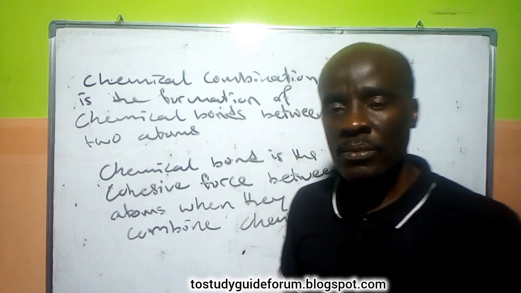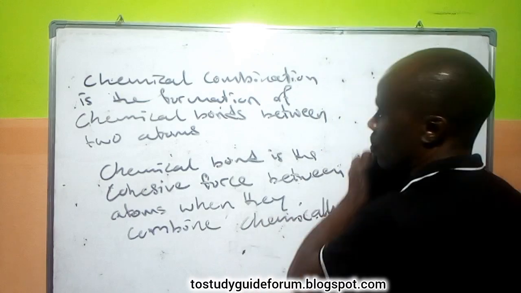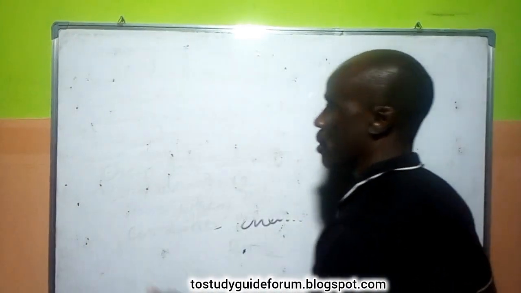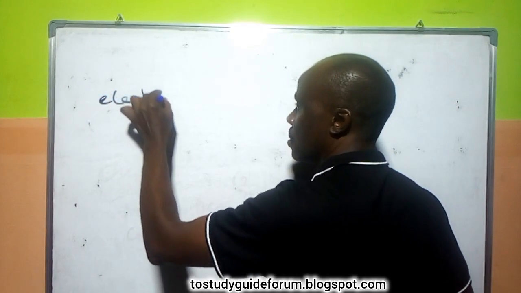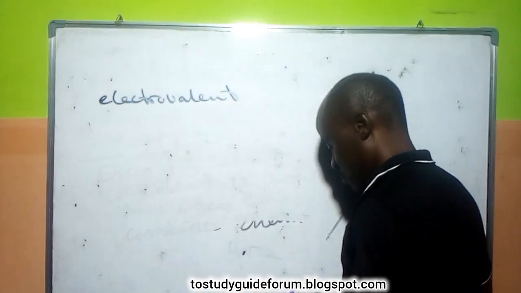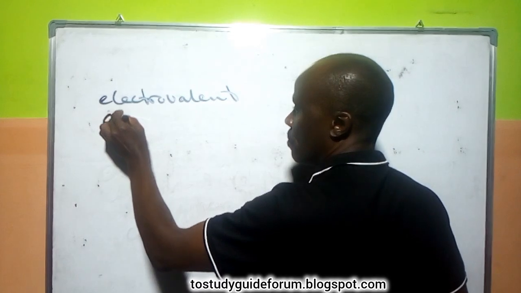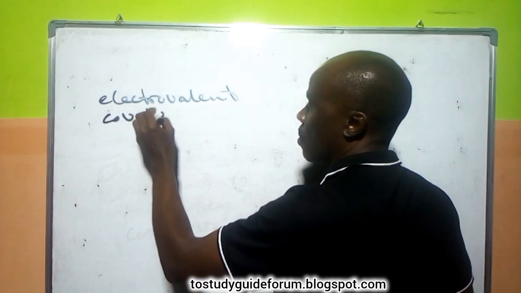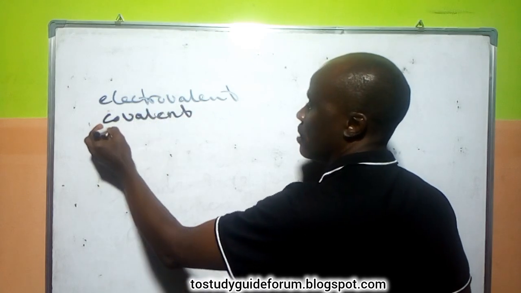Now we have types of chemical bond or chemical combination. Types of chemical combination. We have number one, electrovalent. We have covalent.